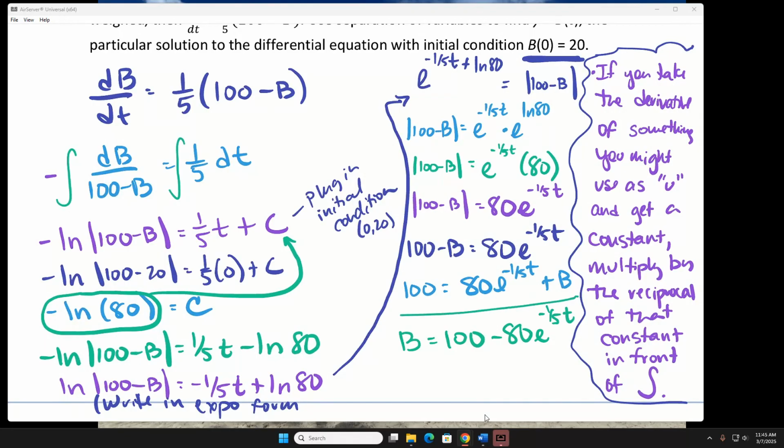All right, so that is my solution. All right, and then it would be a good idea just to double check your initial condition. If I put 0 in for this t, this whole exponent is 0, so this whole thing becomes 1. And then 100 minus 80 does give me my 20.